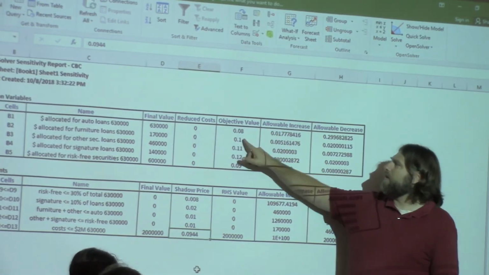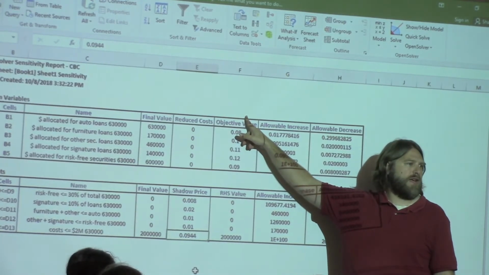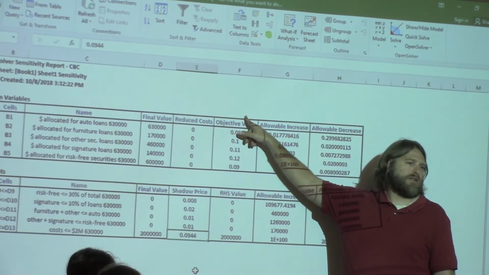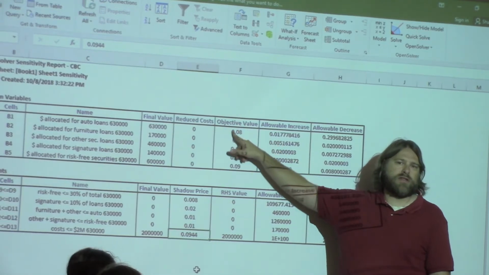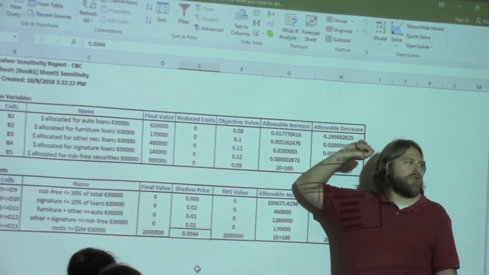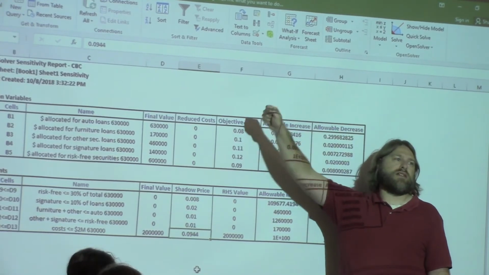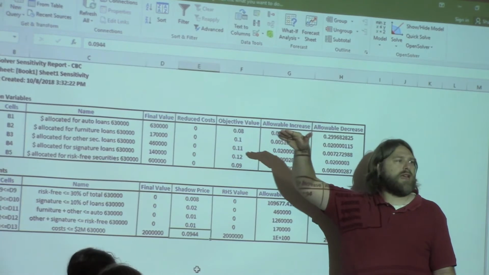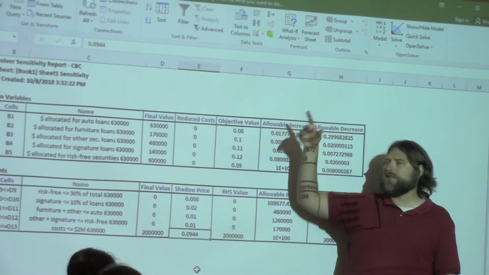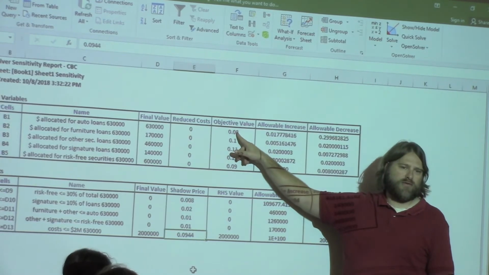Because these interest rates are probably tied to some master rate, whether it's some U.S. government loans or some other index, say your furniture loan is 5% plus this base rate, and if that base rate changes, then it's going to change what you can expect to receive from furniture loans.